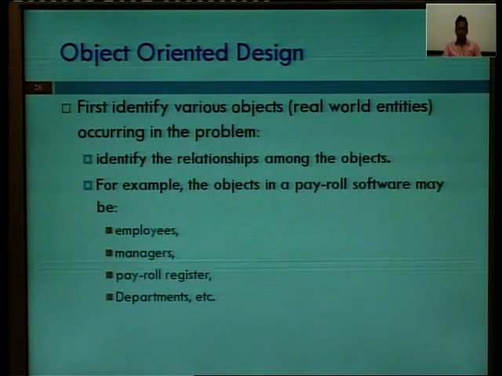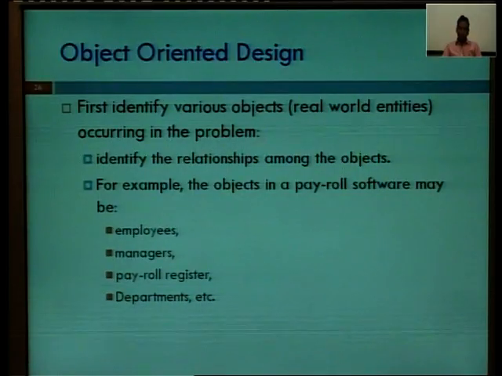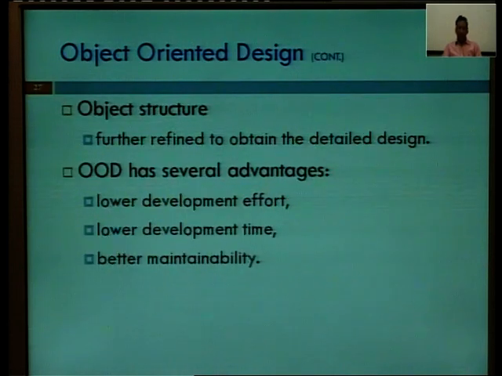In this way, we have to find out the different objects in the particular software. For each software, we have to separately identify the different objects available, and after identifying them, we have to define the relationship between those objects.